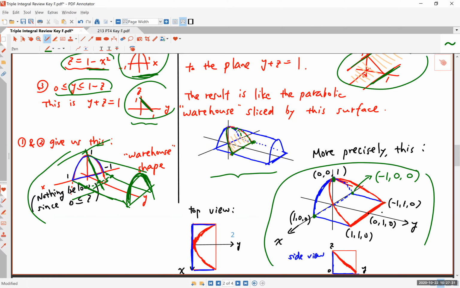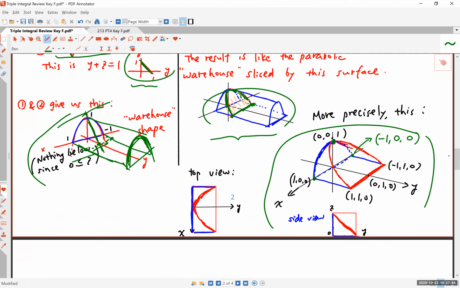to sketch this well, because you have to have this upside down parabolic cylinder as well as the slice, which is the cross section of these two surfaces, it may help you to draw a top view. If you look at this picture from above, this is what it looks like.